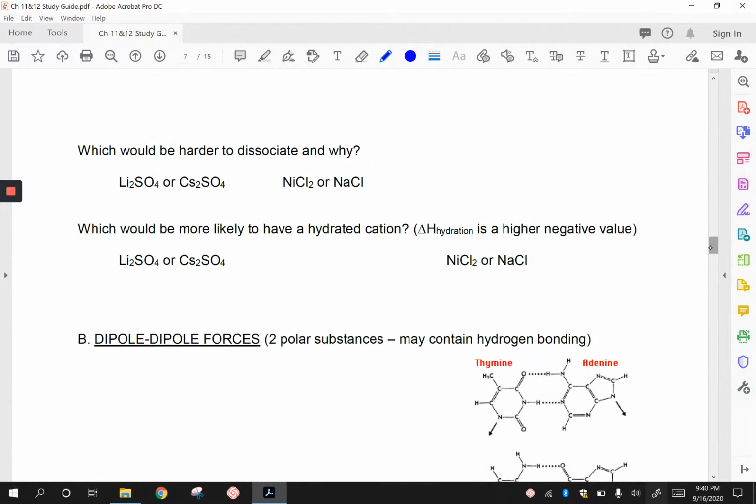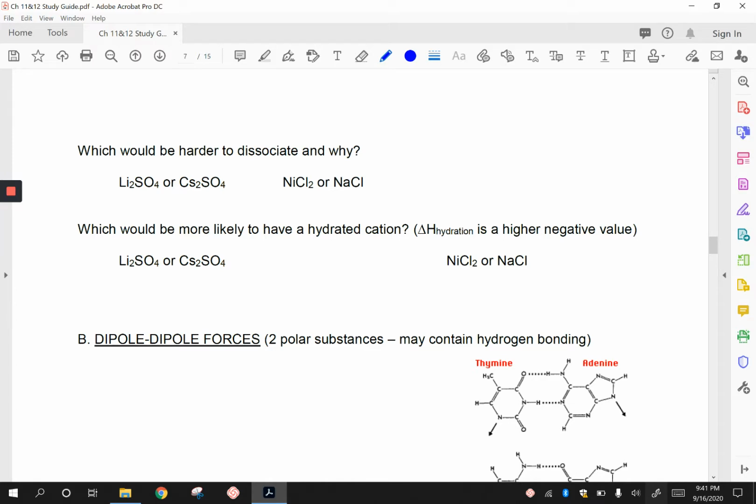Okay, so let's look at this question here. It says, which would be harder to dissociate and why? So these are all ionic. Which ones would be hard to dissociate the ions, to separate the ions, to overcome the ionic interactions between them?